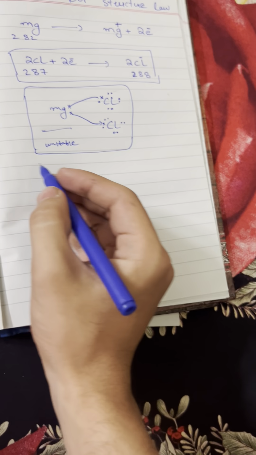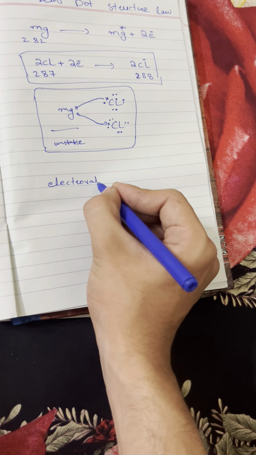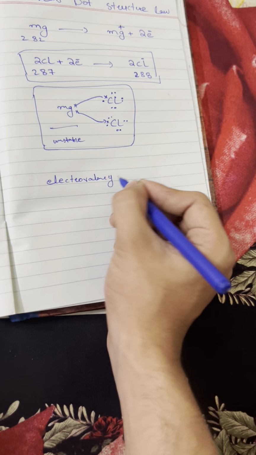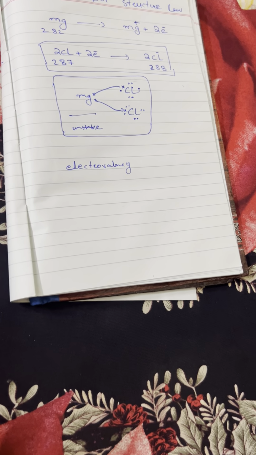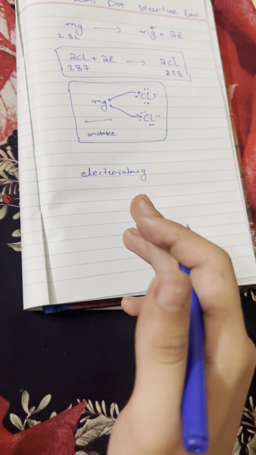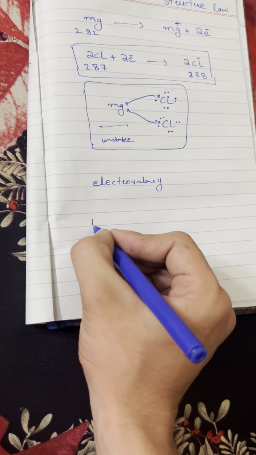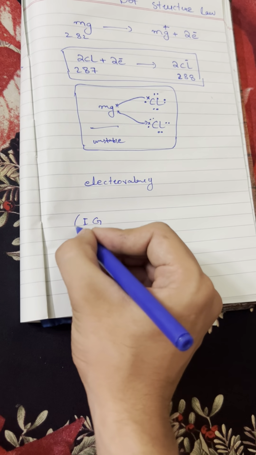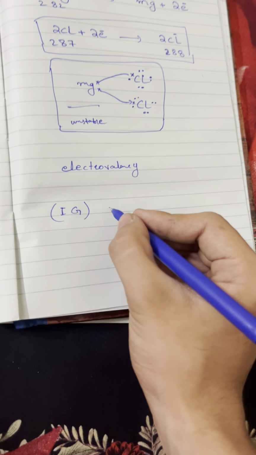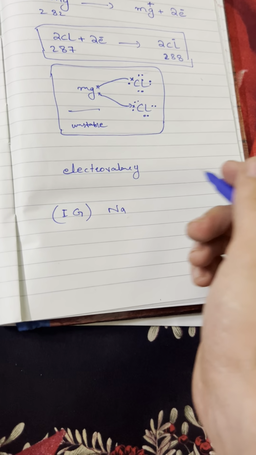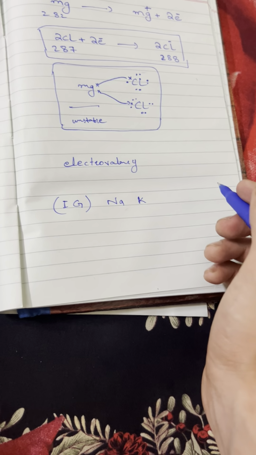Now we have another topic which is electrovalency. In electrovalency we get the number of electrons lost or gained. Firstly we'll look into the first group, which has Na and potassium.